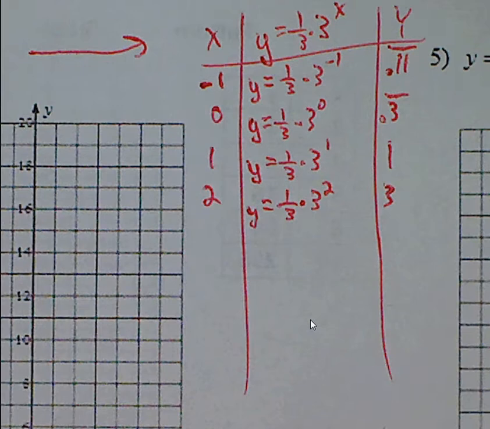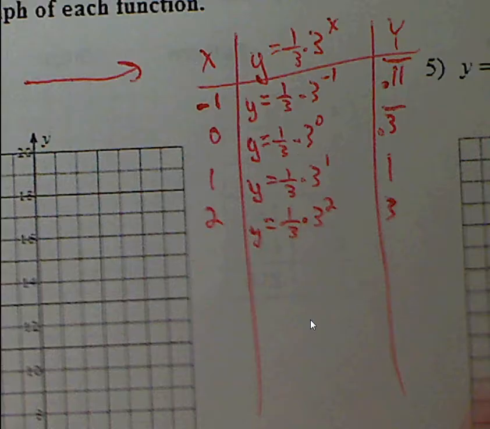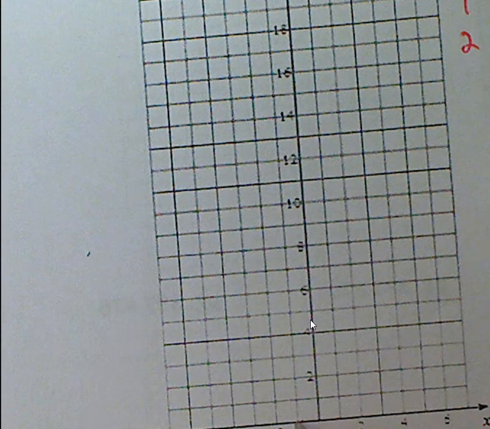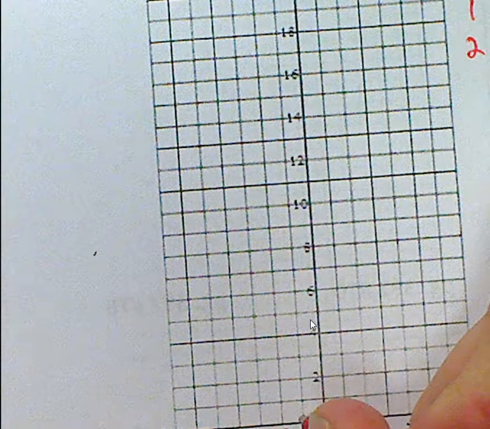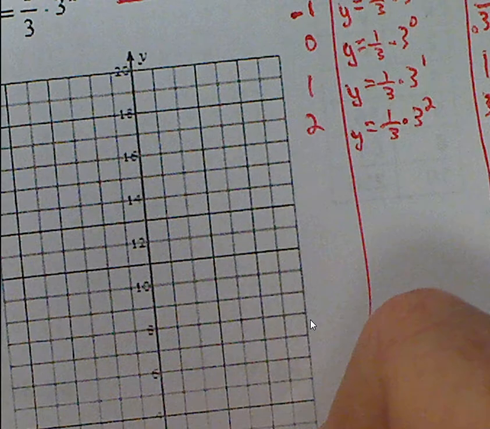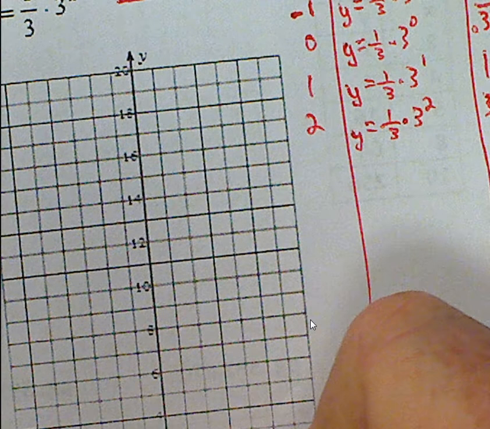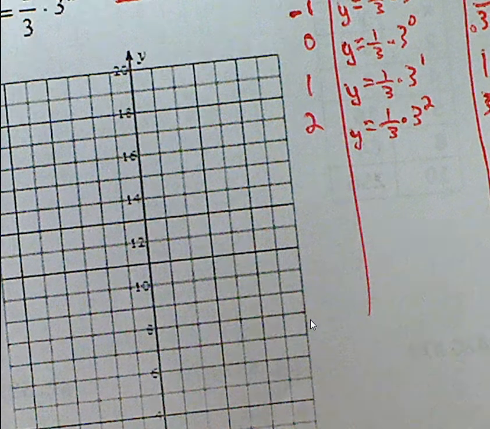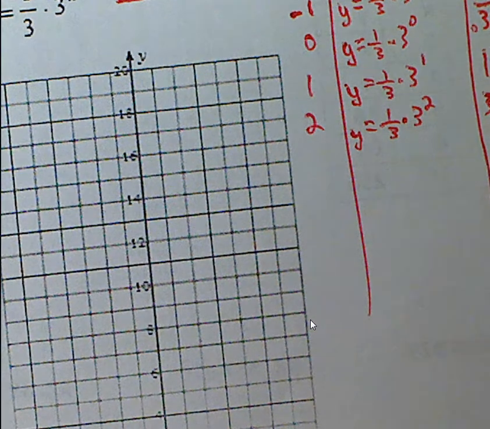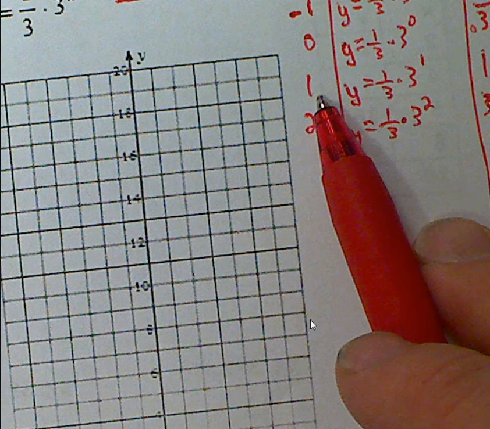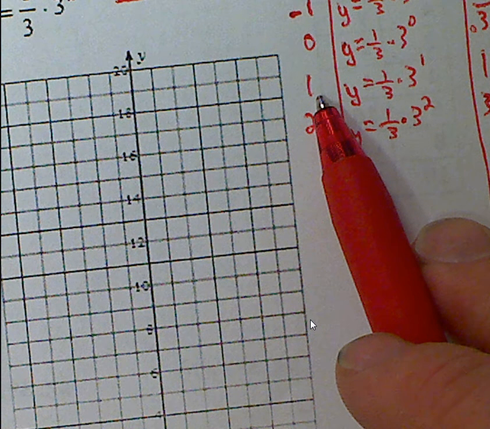So let's see what's going on. At negative 1, I'm at 0.11. That's almost at 0. Almost. 0.3 at 0. So here's 0. 0.3 is slightly higher. If I plug in 1, I get 1.